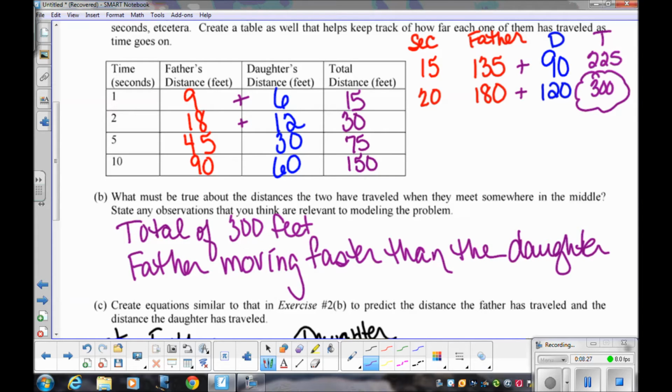He is moving at 9 feet per second, and she is moving at 6 feet per second.